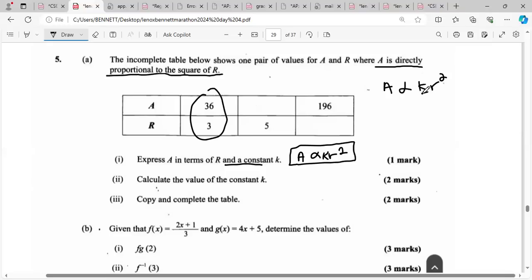So you can take out this if you want and put that equal sign. A is equal to K R squared. Now we know the value of A is 36. So anywhere you see A, you replace it with 36. We don't know what K is, but we know that R is going to be 3.